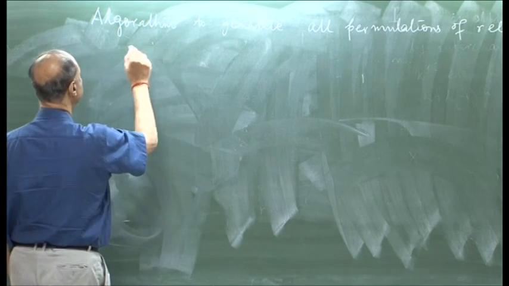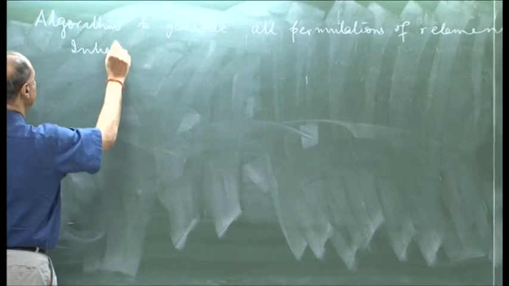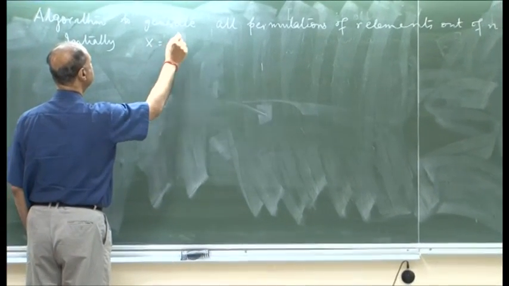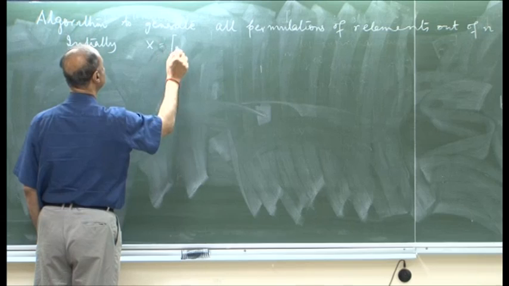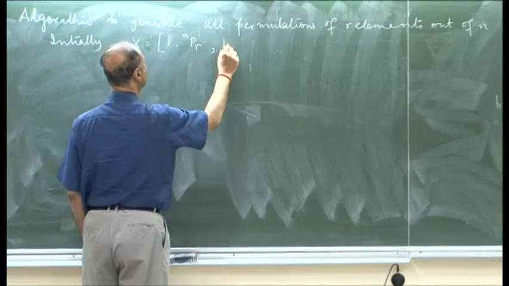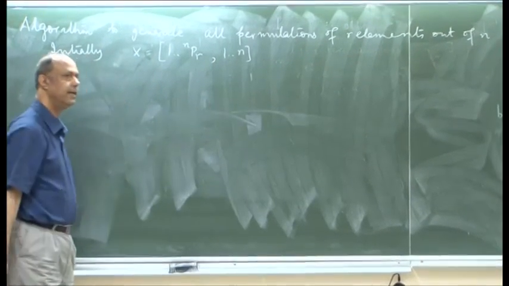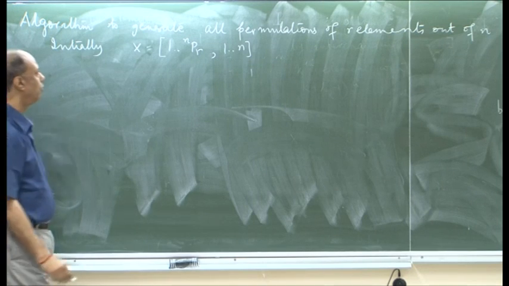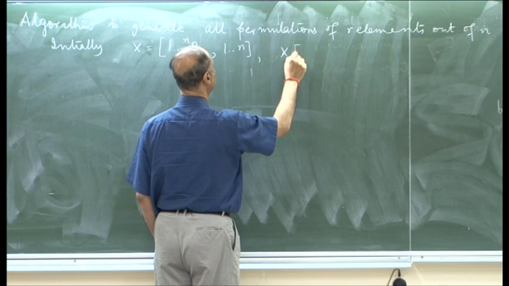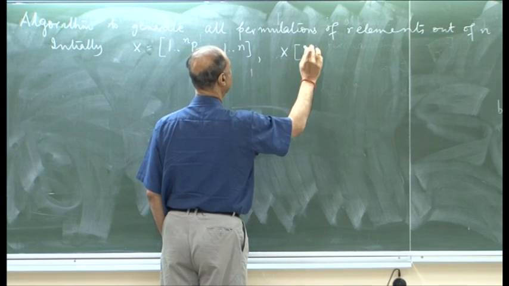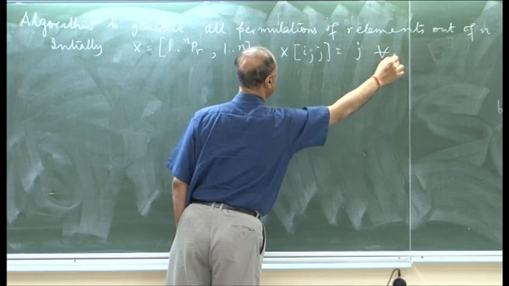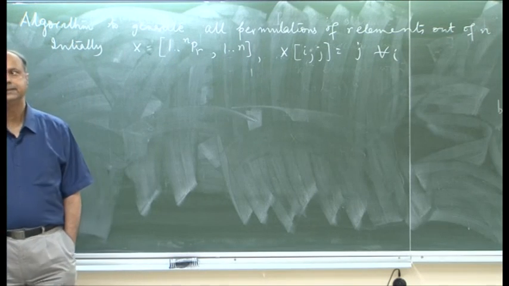Initially, let us define an array X where X[i][j] is j for all i.